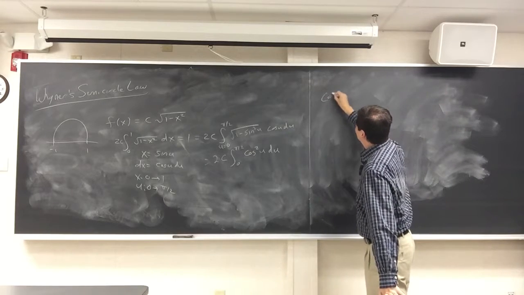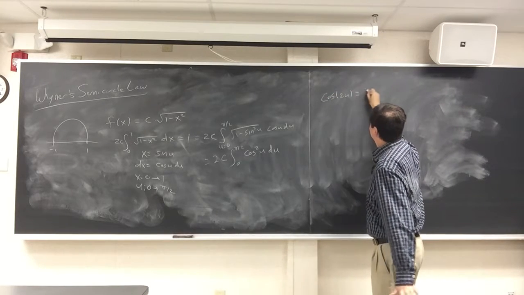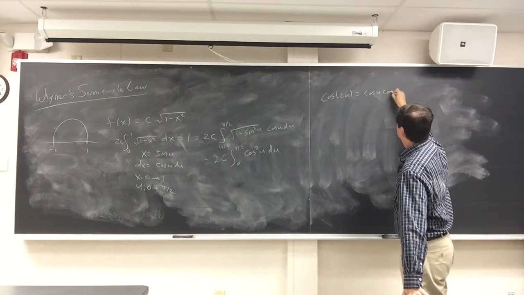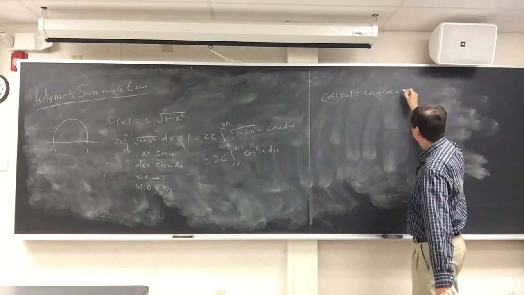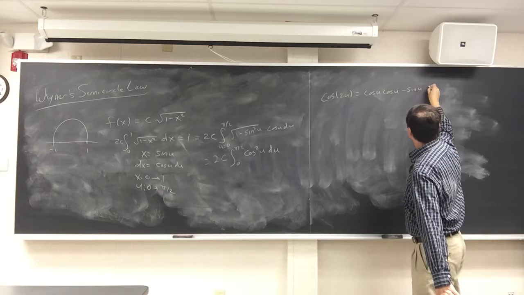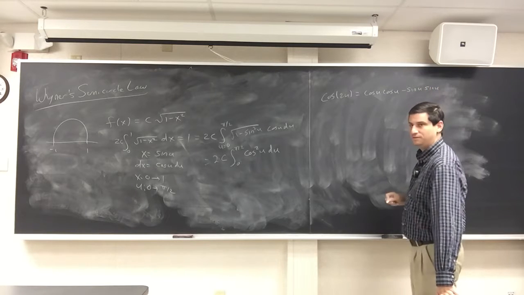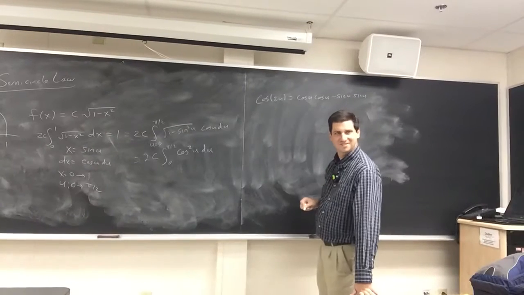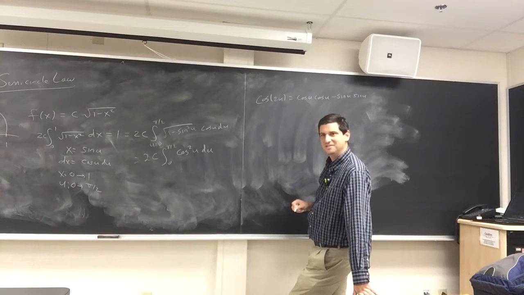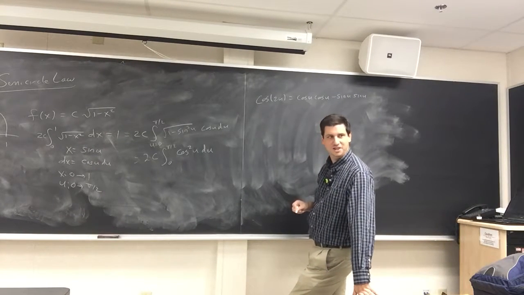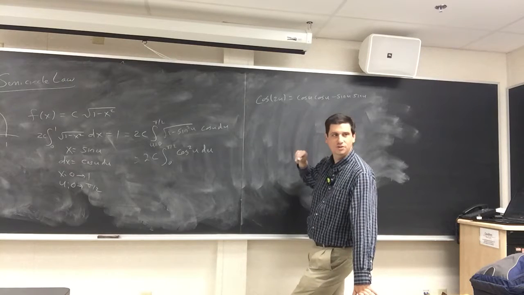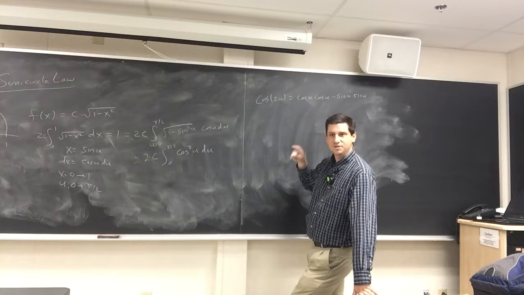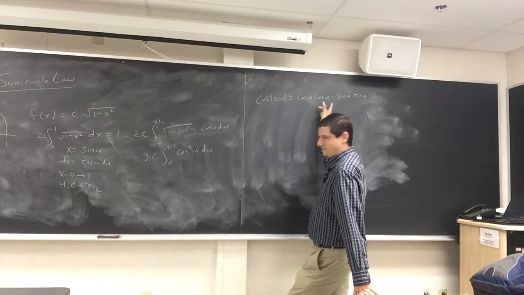So cosine of 2u is cosine u cosine u minus sine u sine u. Right? Yes, looks familiar. This is the angle formula for u plus u. When it's plus, it's minus.